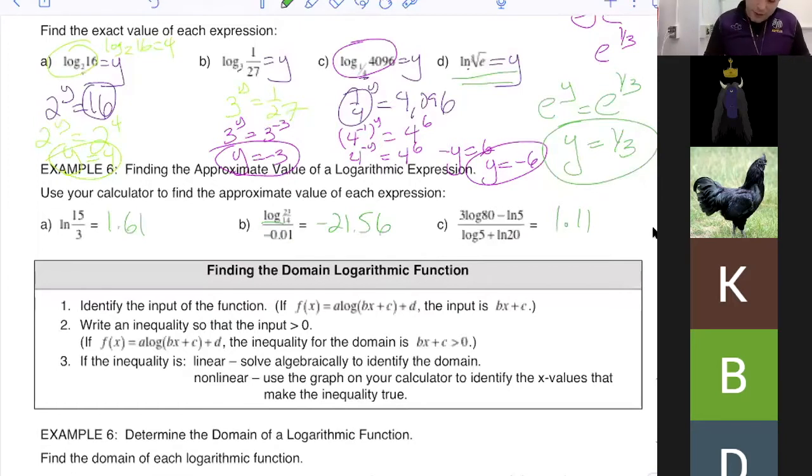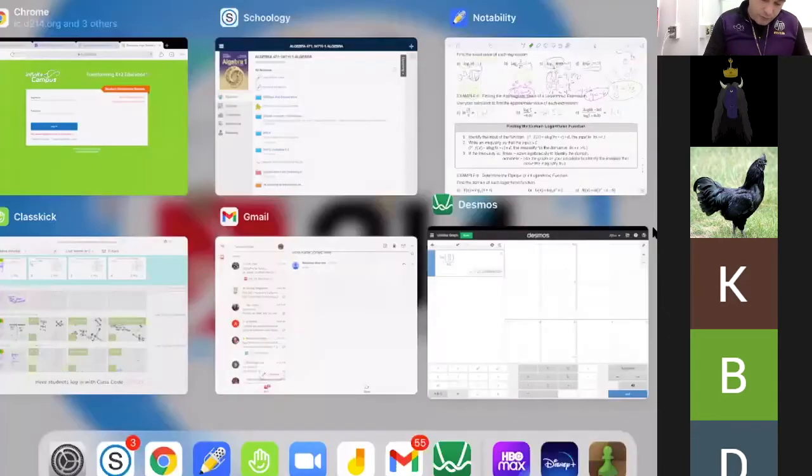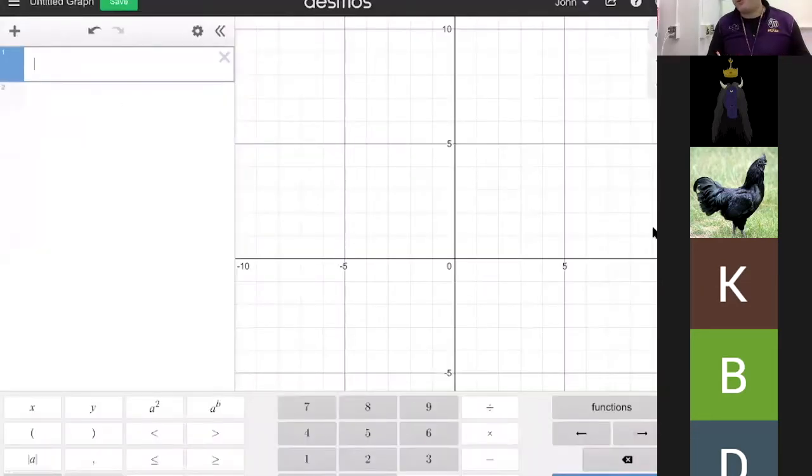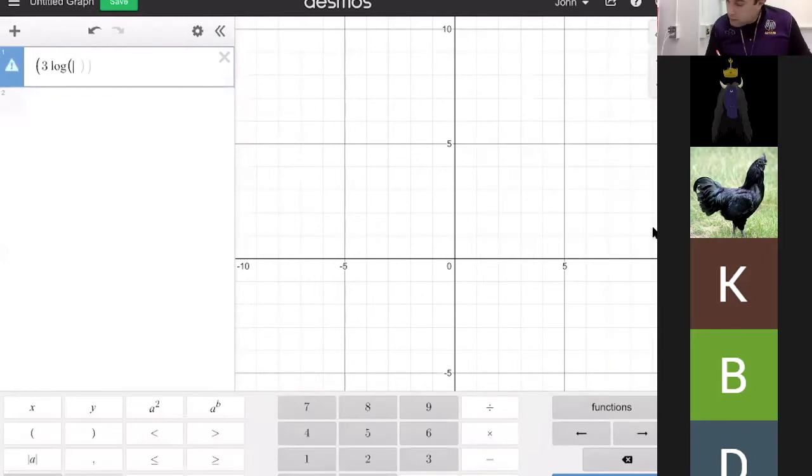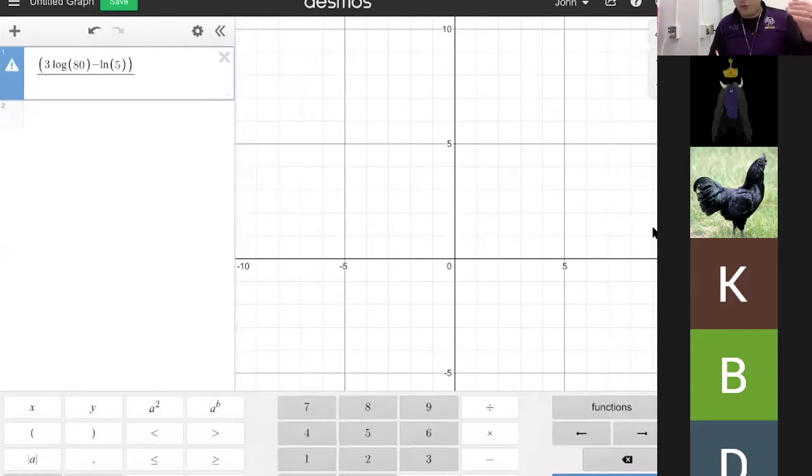All right, so let's try this on Desmos. I'm going to put in parentheses because I want to make sure I get the right answer. So my entire numerator is going to go in parentheses. So 3 log 80, close those parentheses, minus natural log of 5, close those parentheses, close the outer parentheses, divided by, and I don't need those parentheses because they already gave me the fraction bar.